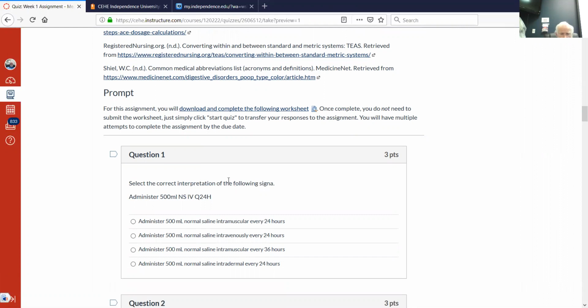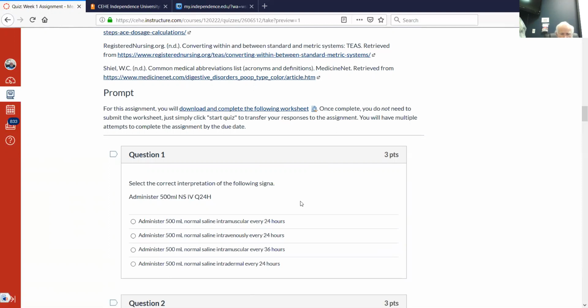I'm really going to have to get into some other material. This is really an interpretation of part of an assignment, an interpretation of a prescription: 500 ml NS IV Q24H.